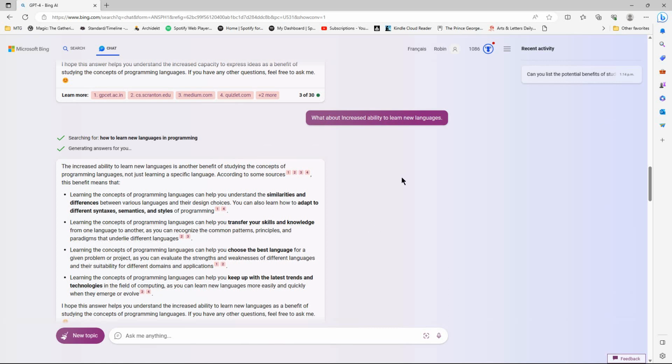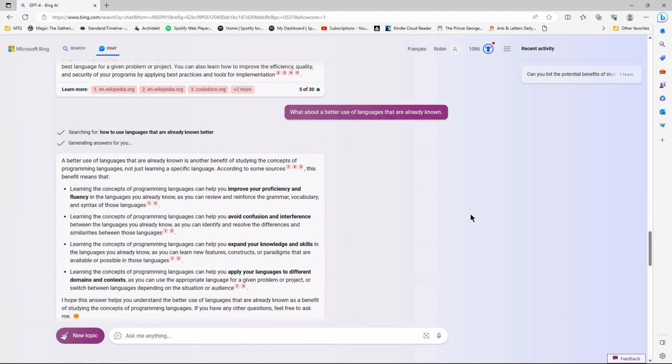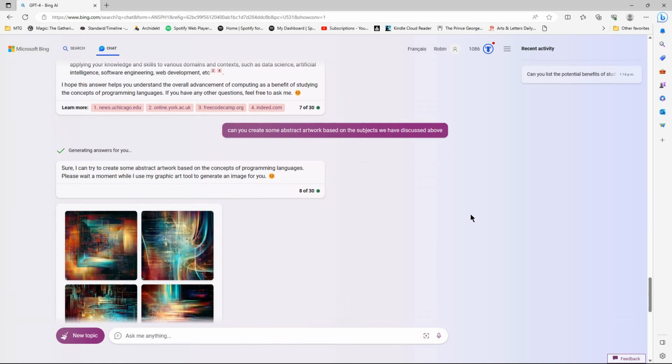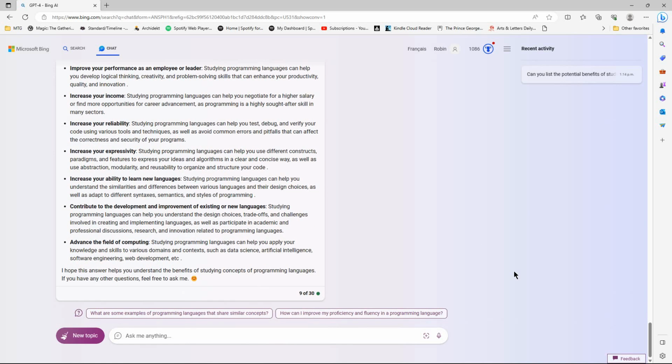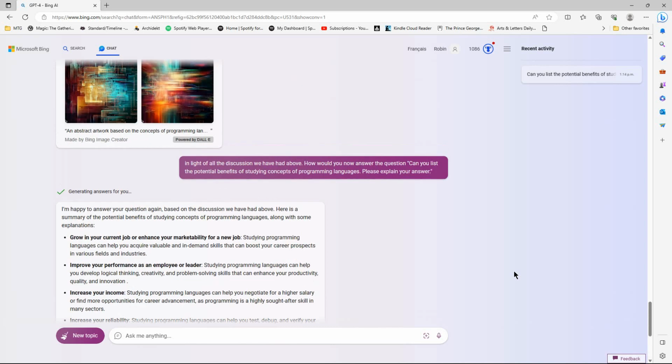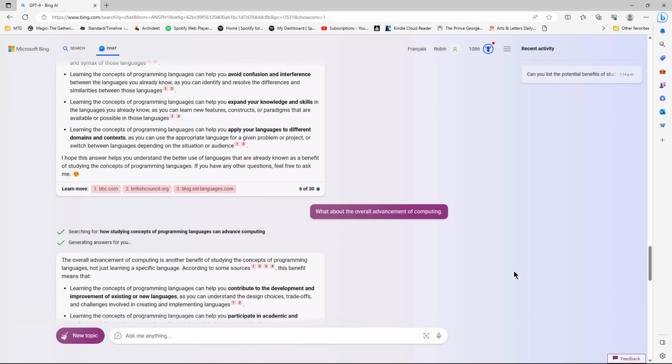And I think this way of what about this, what about that, doesn't really work. Needs some work on trying to get it to improve its answer, and saying what about this or what about that doesn't really work as a way of doing that.